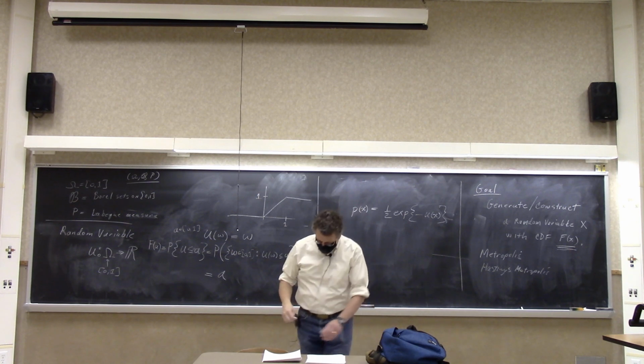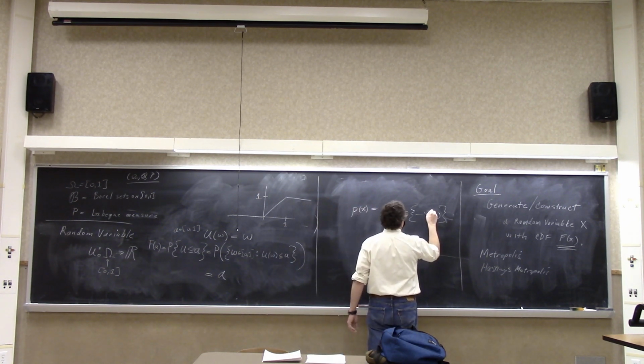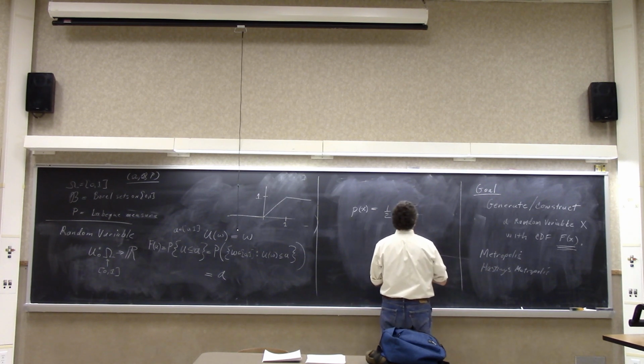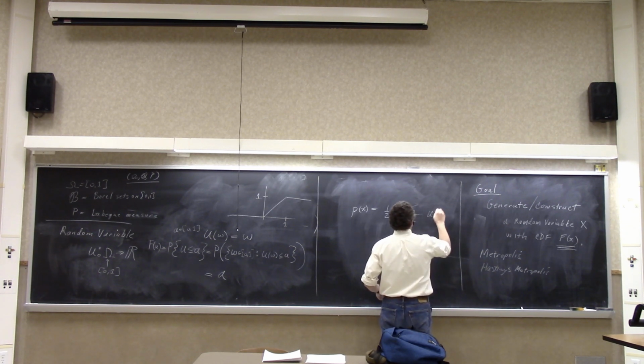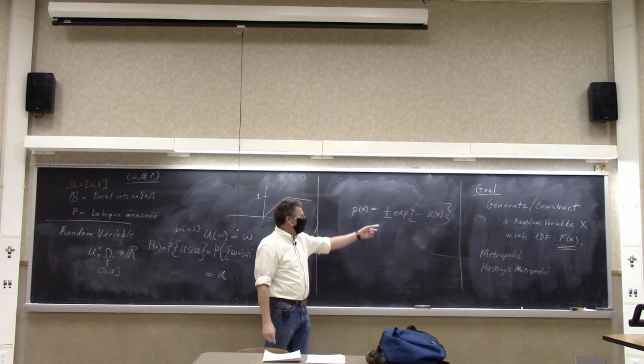Shoot. I'll call it E. Oh, this is going to be a mess. I'll have to call it U. I'll figure it out later. U of x, okay? Right? That's the energy.